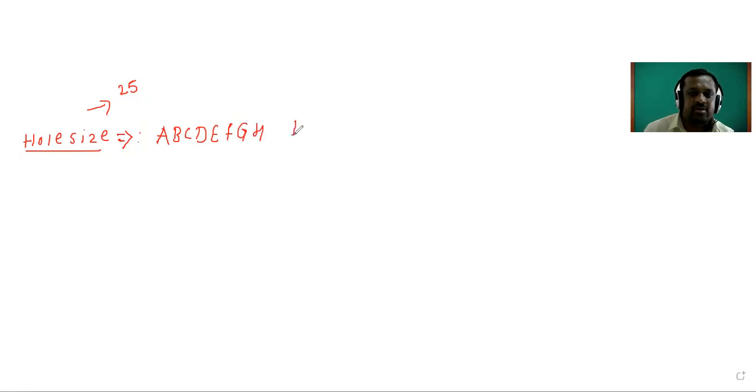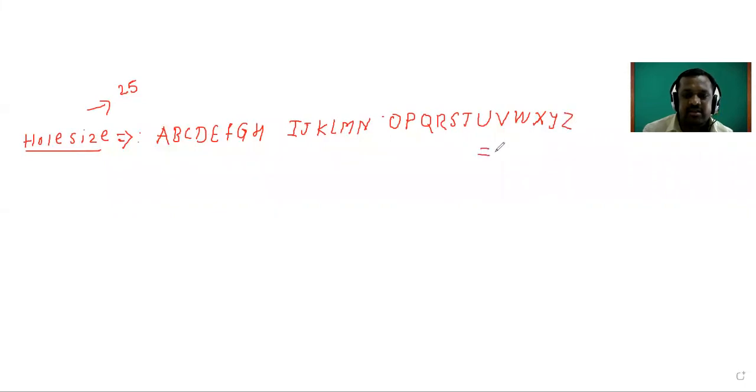Then I will write down here I, J, K, L, M. Then N, O, P, Q, R, S, T, U, V, W, X, Y. How many letters are there? It will be 26.